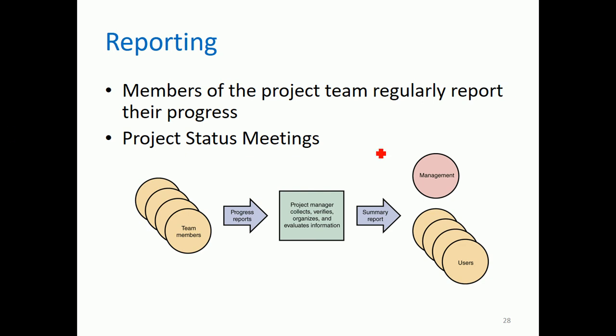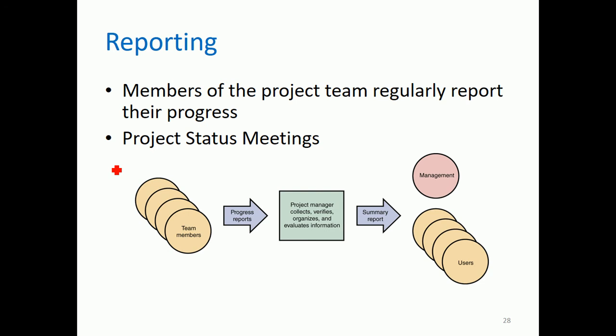So we have the project status meeting. Of course, there are many team members, and they create progress reports. Sometimes people ask, why do we still need to make progress reports? It's very important to know the actual status. Then the project manager collects, verifies, organizes, and evaluates information.